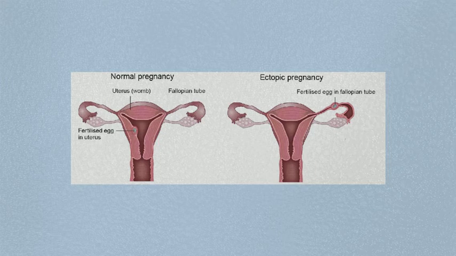In ectopic pregnancy, this sweeping by the cilia does not happen, so implantation does not occur in the endometrium. Instead, the implantation typically occurs in the fallopian tube, as the cilia have not properly moved the embryo down from the fallopian tube into the endometrium.